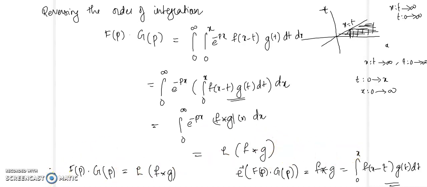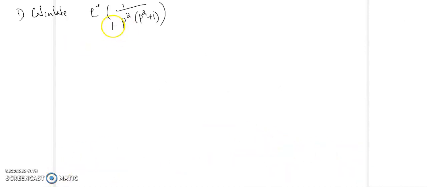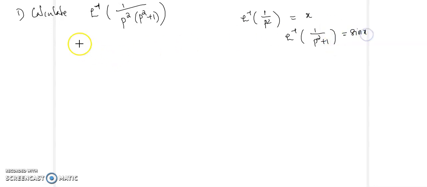a few problems on convolution. So we need to calculate L inverse of 1 by p square into 1 by p square plus 1. So L inverse of 1 by p square will be x, since 1 by p square comes when we take the Laplace transform of x. Similarly L inverse of 1 by p square plus 1 is equal to sin x.